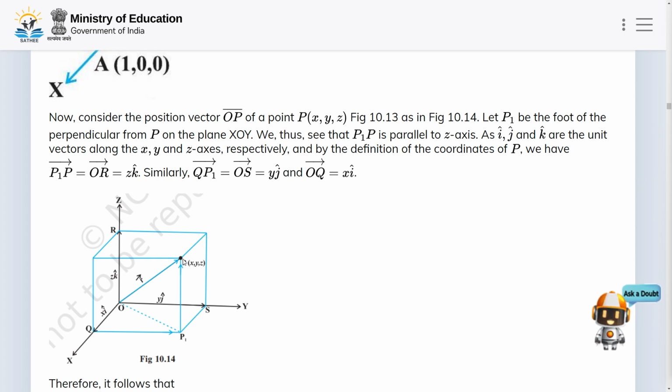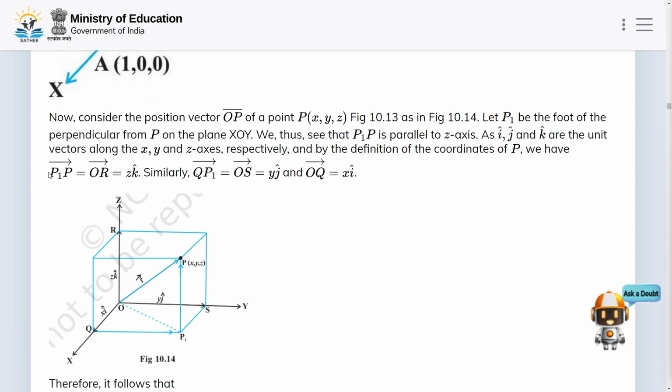If you draw a perpendicular from your point P on the XY plane, the foot of the perpendicular will be the point P1. We see that P1P is parallel to the z-axis here, as i, j, k hat are the unit vectors along the x, y, z axes respectively.